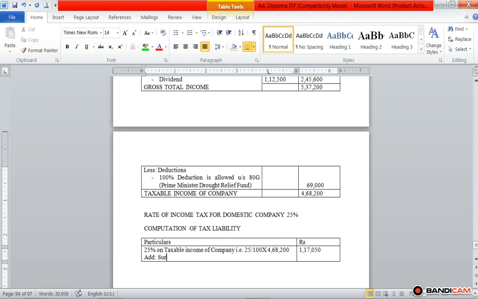Then we add a surcharge. Surcharge means a tax on tax. It means we compute a tax amounting to rupees 1,17,050 and pay a surcharge on 1,17,050. But the condition is very important for surcharge.